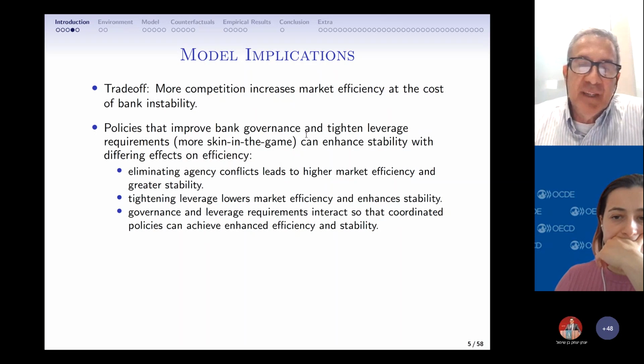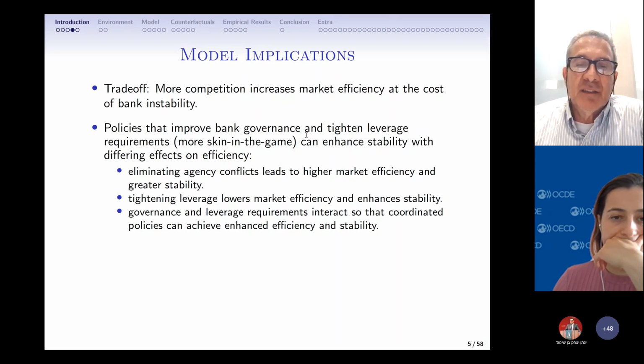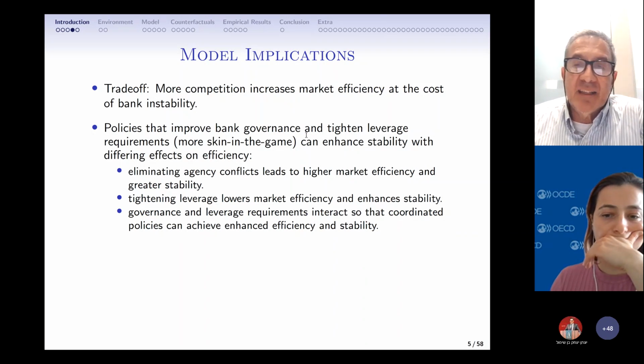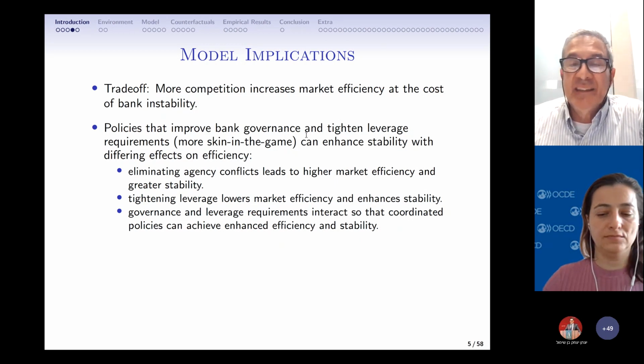We're also going to allow for leverage constraints in the model, and those kinds of policies can enhance stability, but they may have different effects on efficiency. What we find is that eliminating agency conflicts gets both right.